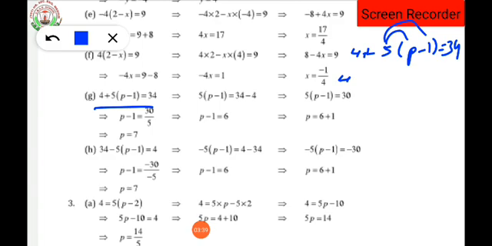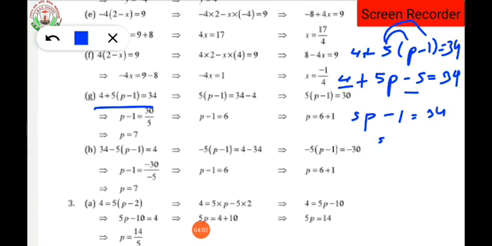So it becomes 4 plus 5p minus 5 equals 34. Clear? Now 5p is there, and 4 and minus 5 are constants. So plus 4 minus 5 is a constant number, and plus and minus will be minus, so it becomes minus 1, isn't it? Equals 34.